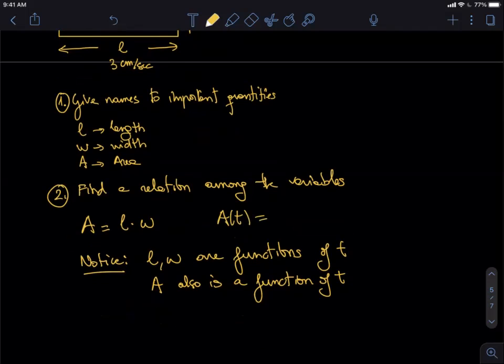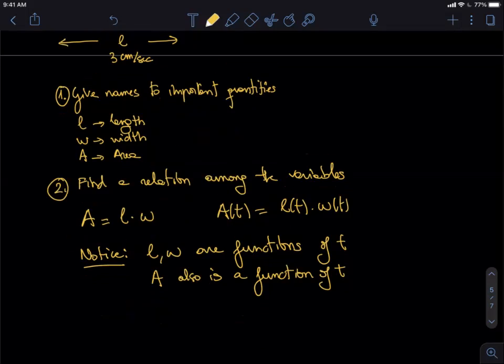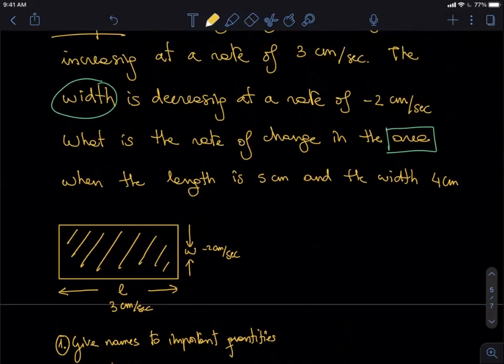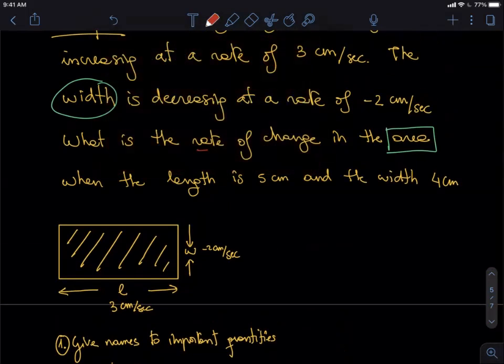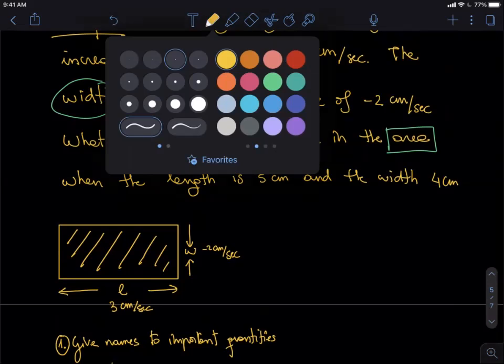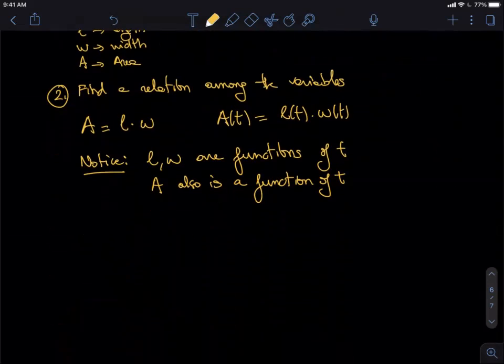A of t equals L of t times W of t. Okay. But now, what are we asked to find? So we are asked to find the rate of change in the area. So what is the rate of change in the area? It's dA/dt, and this is what we need to find.